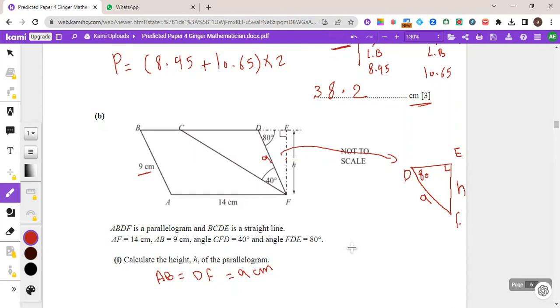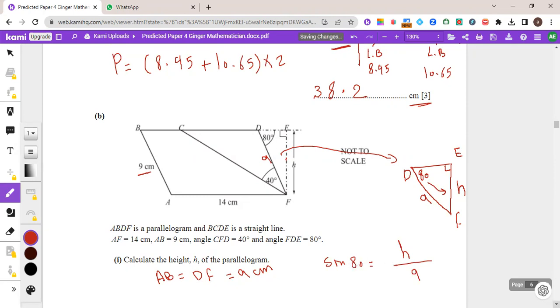Sine 80 equals the opposite, which is the height, over the hypotenuse, which is 9.